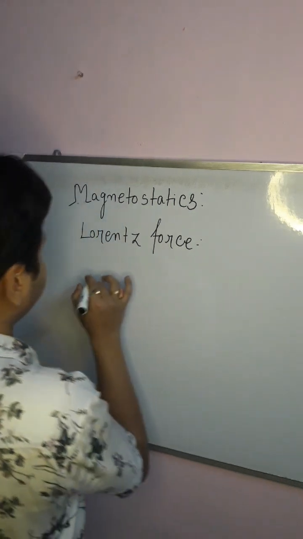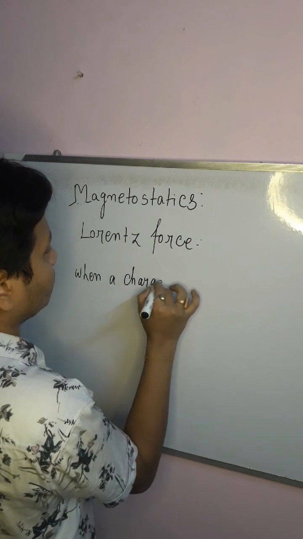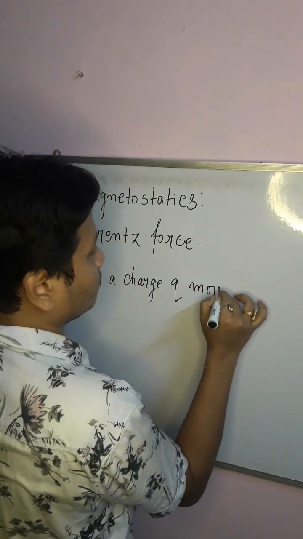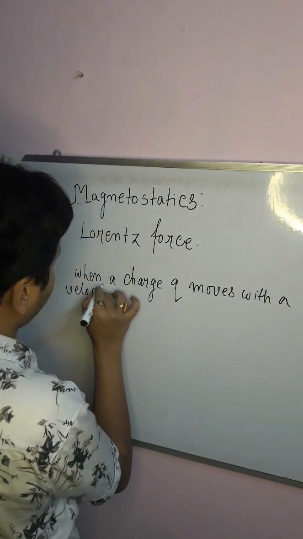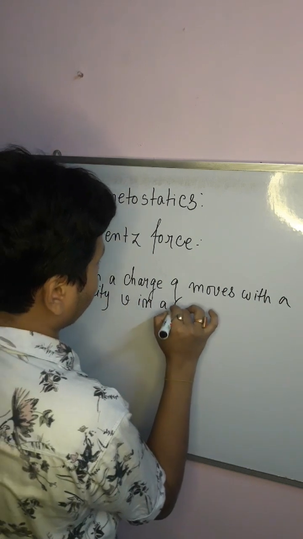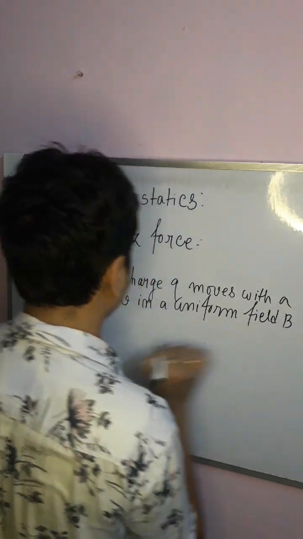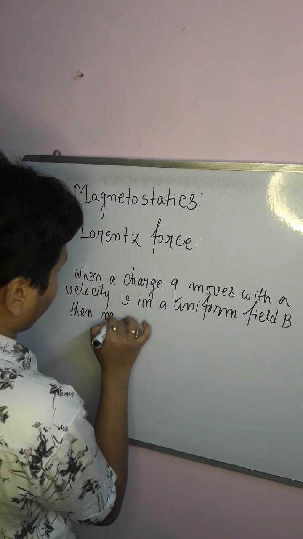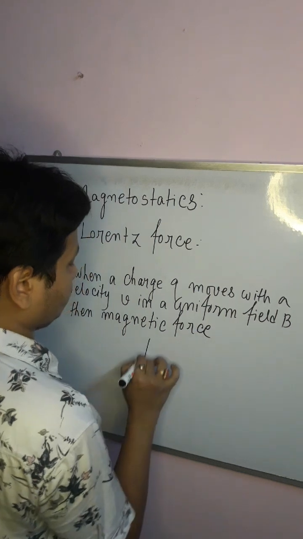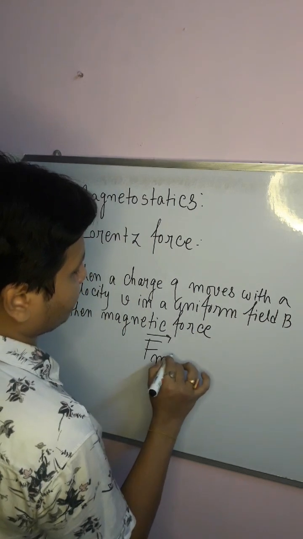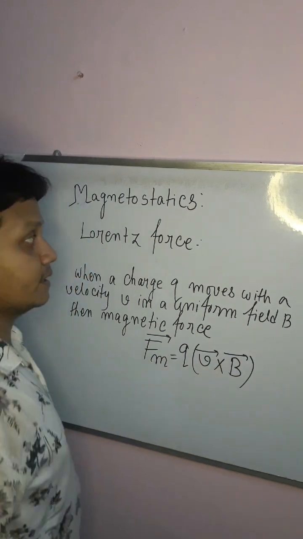So when a charge Q moves with a velocity v in a uniform field B, what is the magnetic force acting on the charge? That you all know: Q into V cross B. This is the magnetic force acting on it.